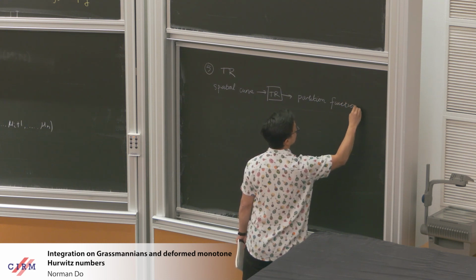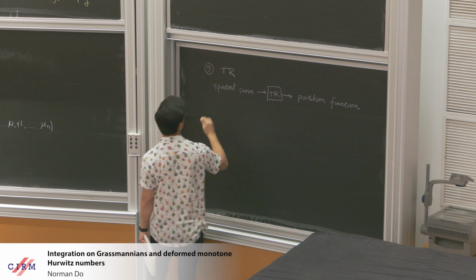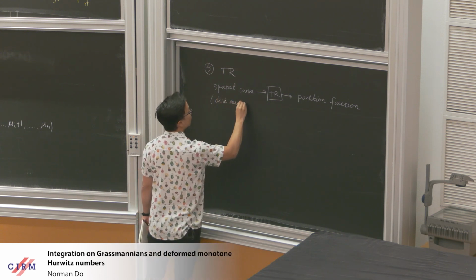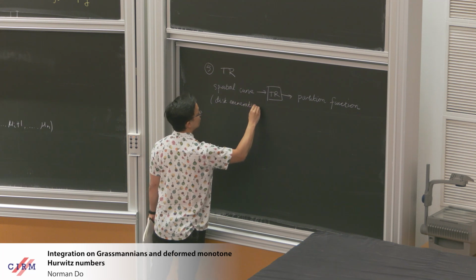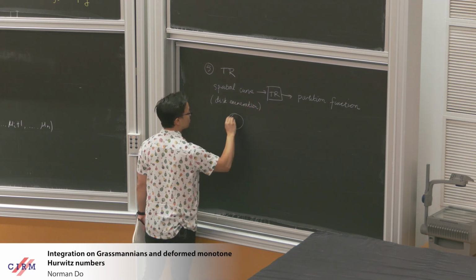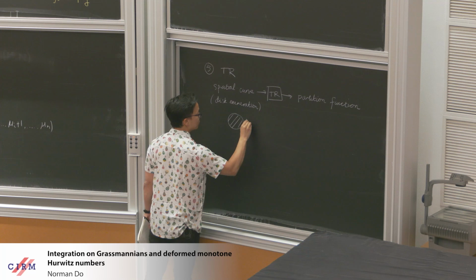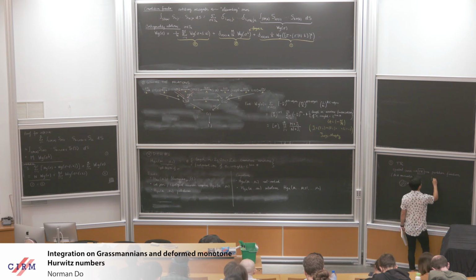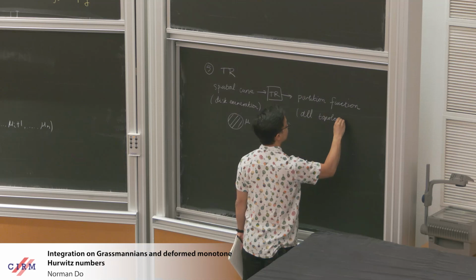A spectral curve in some sense stores, in many examples, what I'd call the disk enumeration. Somehow, it solves the problem of you have a disk and you have some positive integer mu and you have some problem there. Whereas over this slide, what you get out is all possible topologies.